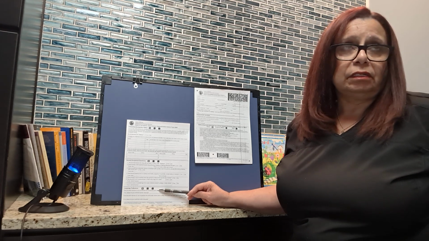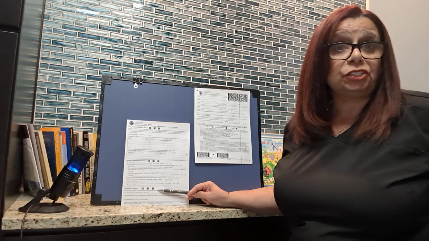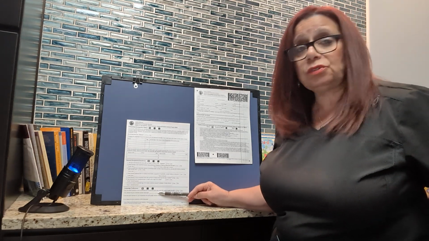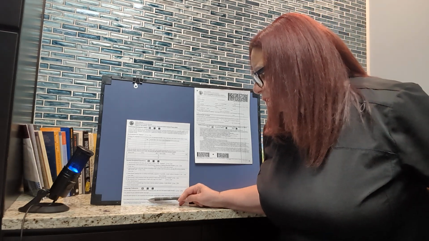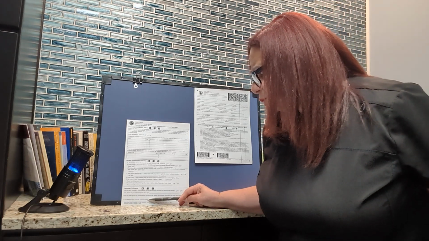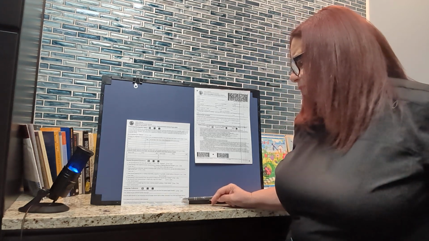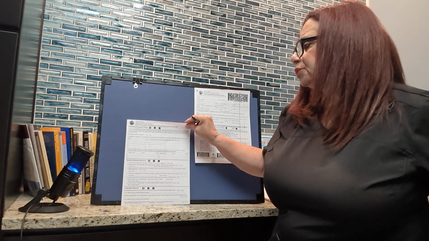Will it be Tagalog or Spanish, whatever your dialect is, you're going to put it on that line so they can have an interpreter there for you. And then, if no, please write down the language that you prefer, right? And that's page number 2.